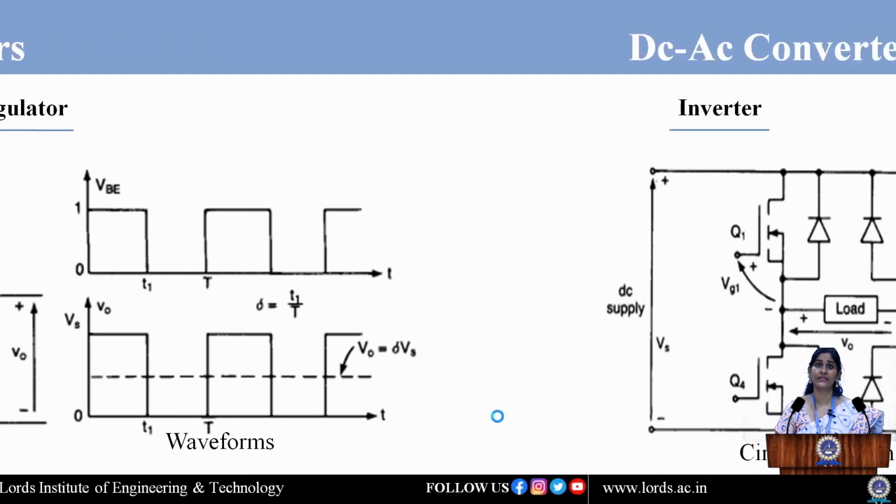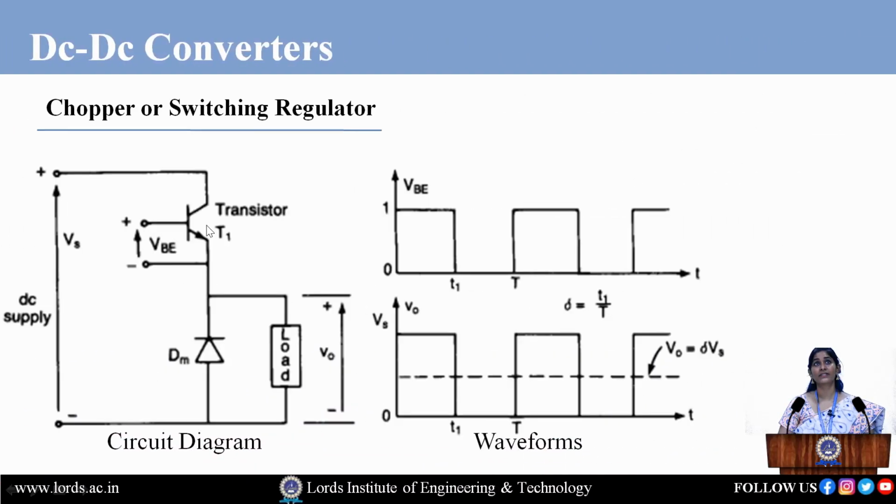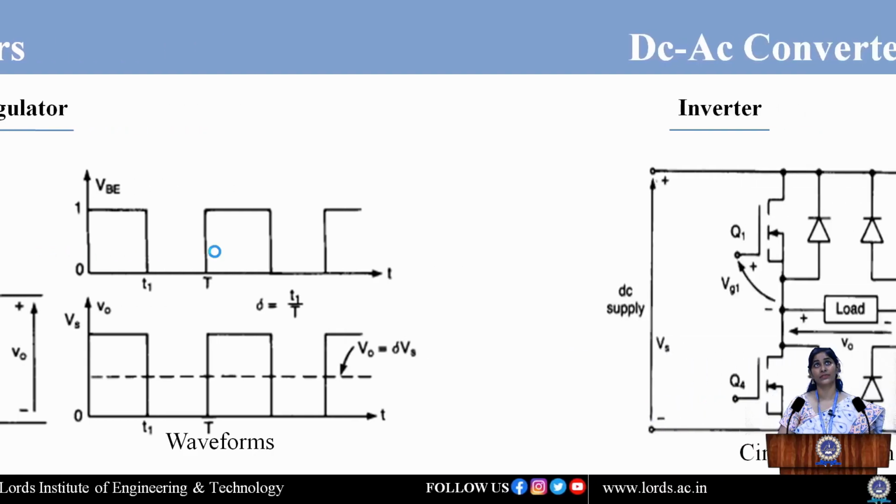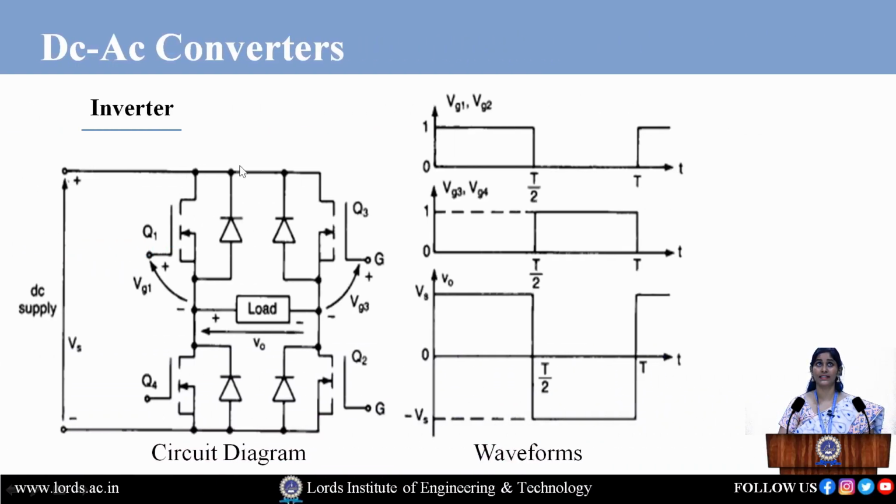Next we will see another type of converter, the DC to AC converter, which is nothing but the inverter. The input is DC here and the output is AC. We get variable output voltage as well as frequency. In the first mode of operation, Q1 and Q2 will be conducting, and you get a positive output voltage.